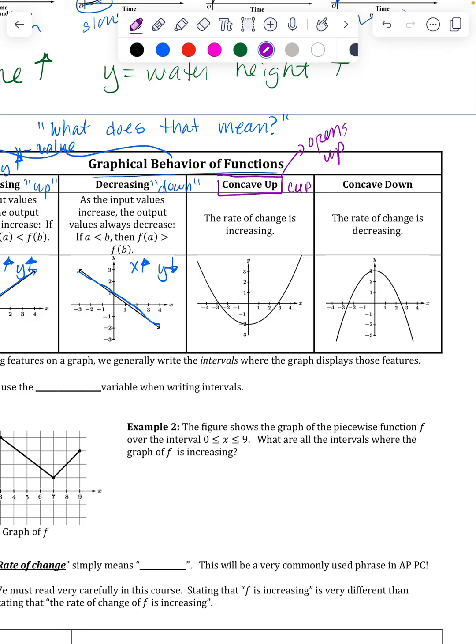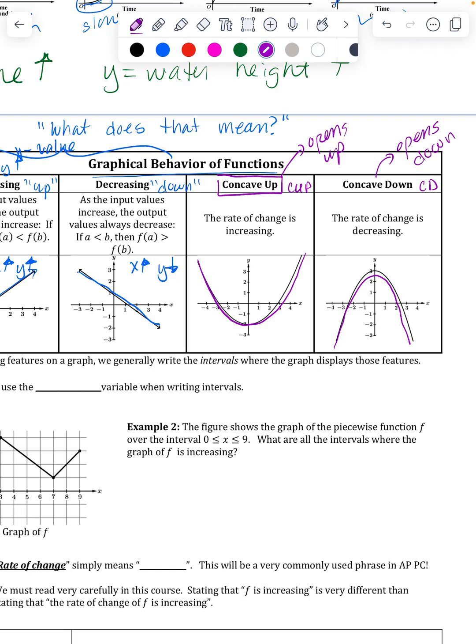It looks like a cup, and it is opening upward. Versus concave down, which I abbreviate as CD, this one opens downward. So you think of it as which direction is it opening? Is it opening up or is it opening down, like an upside down cup?